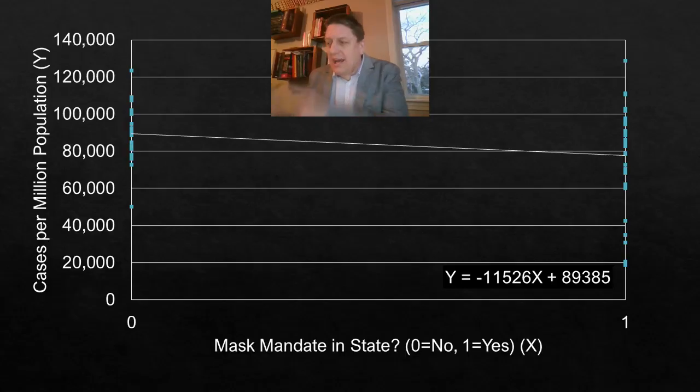And so this line can tell you that the average, the place that comes closest to all the dots, is 89,385 cases per million population for those states that do not have mask mandates.